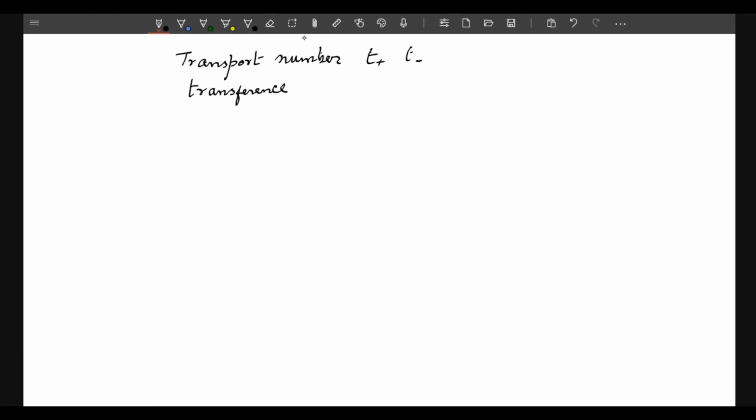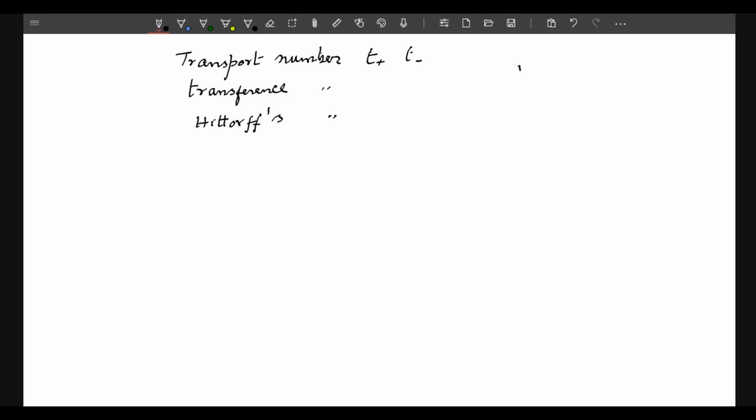It is also called Hittorf's number. Hittorf is a scientist who calculated this transport number. Sir, what exactly is a transport number? Yes, we are going to see this shortly. Hence the number is also called by his name, Hittorf's number.